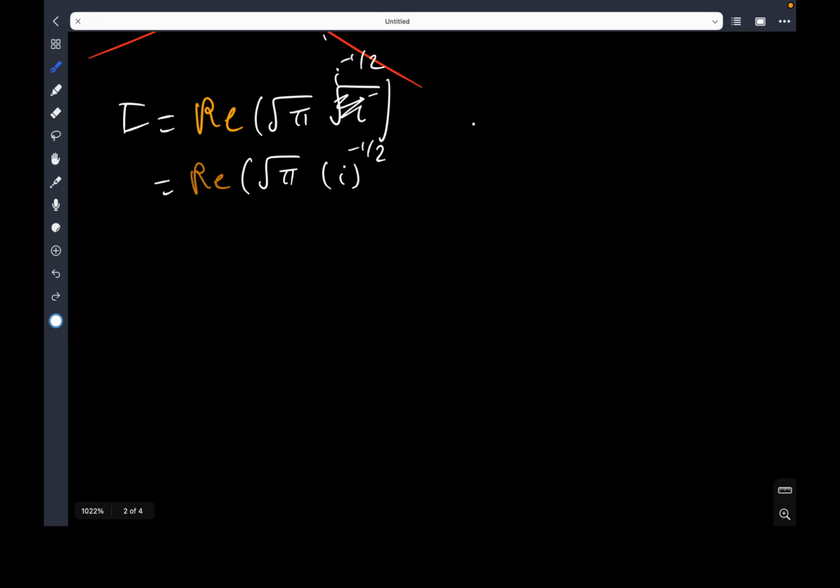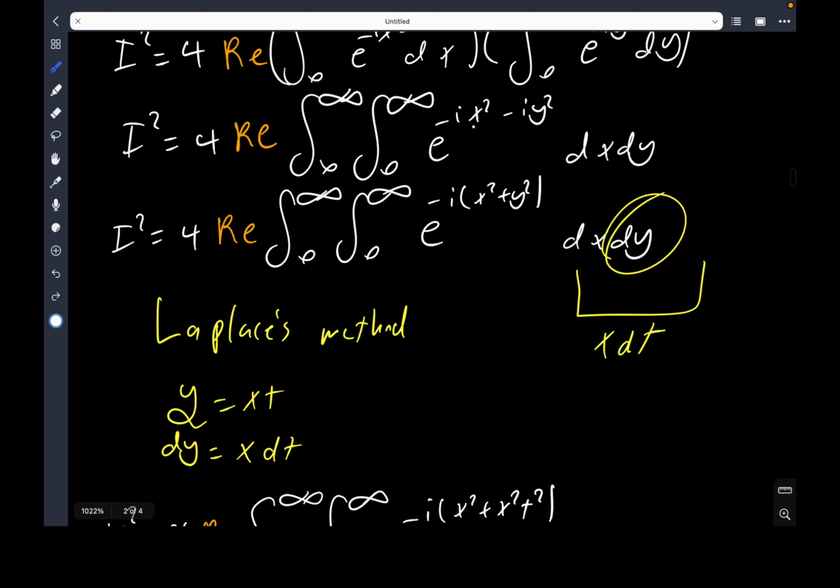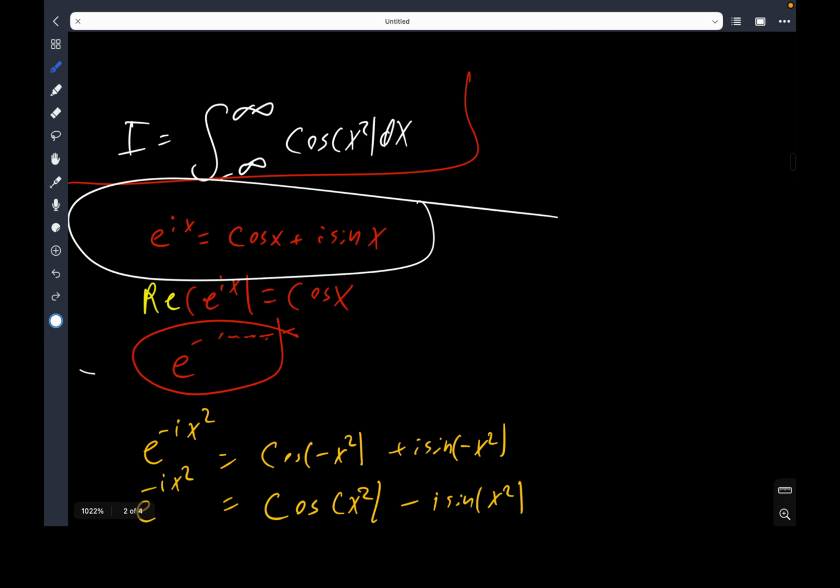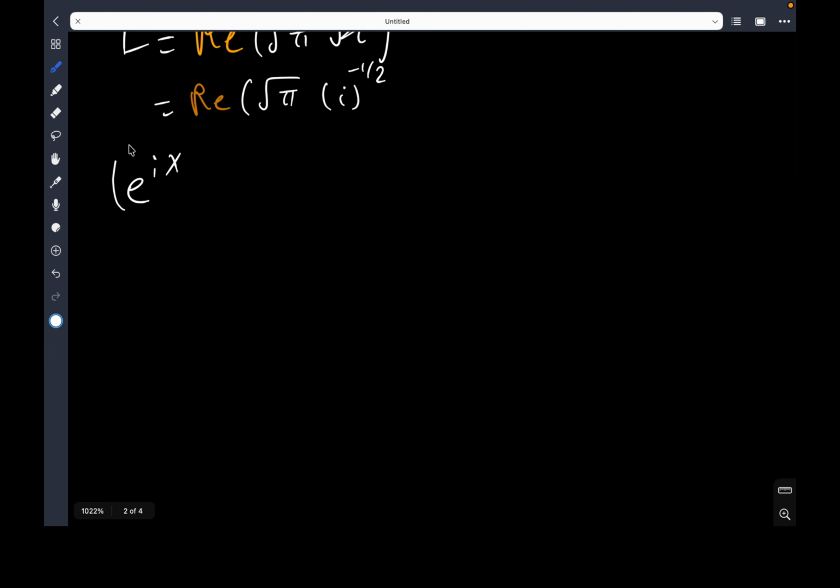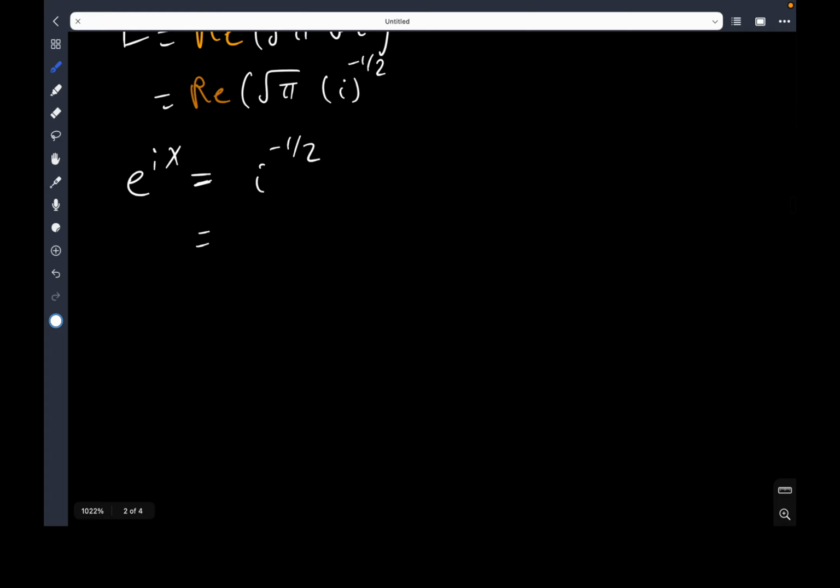So what is i to the negative half? If you recall Euler's formula, we're going to use this one. I want to see if I have a complex number e to the ix, when is my x equal to i to the negative half? What x would give me i to the negative half, which means what number would give me negative 1 to the negative quarter, because the square root of i is negative 1 to the quarter.